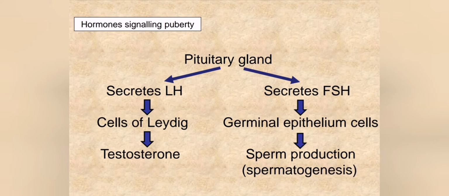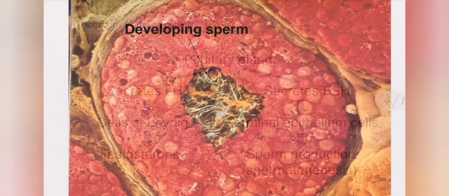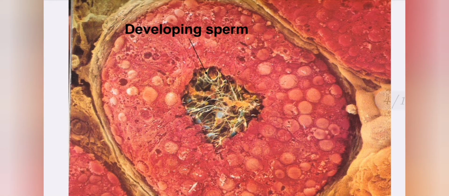But hang on, I know this word germinal epithelium is a massive big word. So where do we find germinal epithelium cells? If we look at this diagram, this is a micrograph or a photograph of a microscope slide where a seminiferous tubule inside the testis has been cut through, and we're looking into this tube. And you can see all the zillions of little red cells all around will develop into sperm.